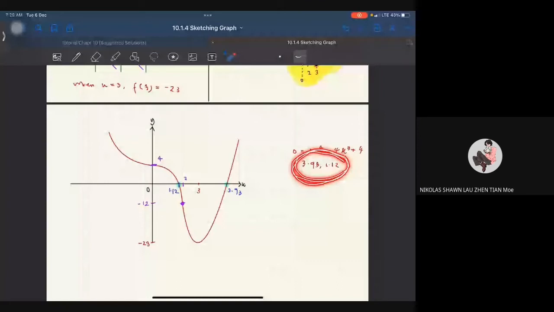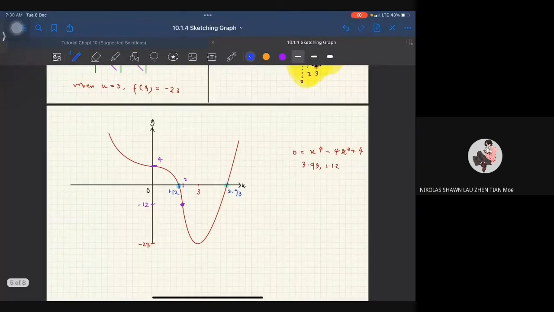For example, the quadratic you have, let me test. 1, 2, 3, oh, wrong.